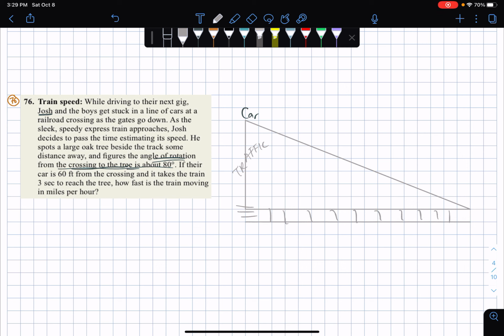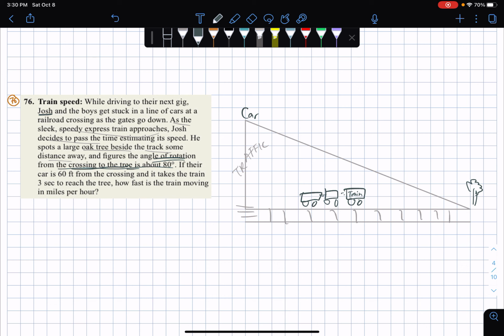So, as a sleek, speedy train approaches, Josh decides to pass the time, estimating its speed. He spots a large oak tree beside the track some distance away. So, if this is where the start of the track is, then the tree might be located here. And let's say this is where the train is. Apologies for my drawing. Just imagine it's a train.